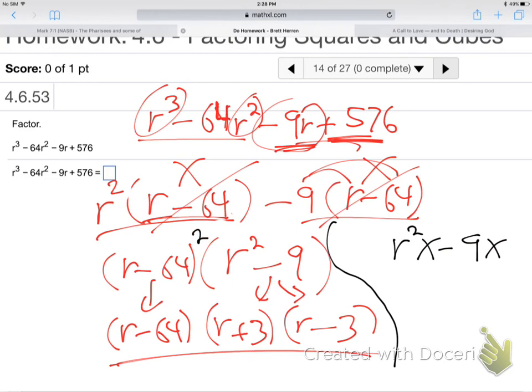Okay, well, to answer it, let me go back to the X thinking. What would you do here again? How would you factor this? What do they both have? They both have X, and then what does that leave? R squared minus 9. If I was to take that one x, could that one x distribute back? Yeah. Would it be right to put x squared? No. That would go back to be r squared x squared minus 9x squared.